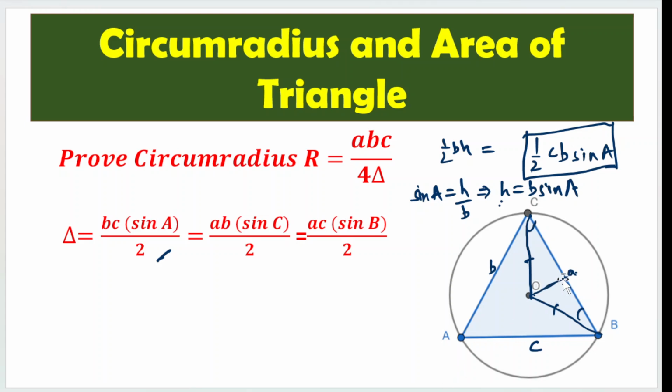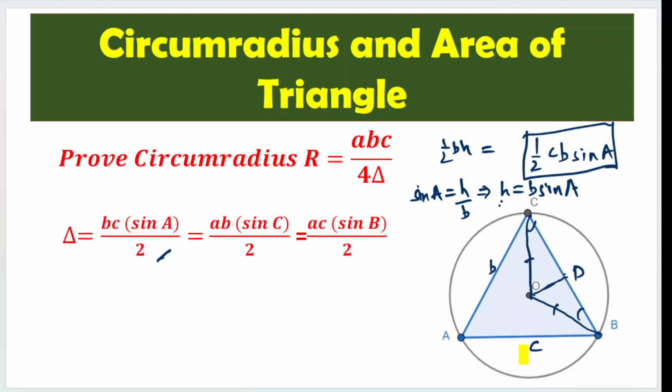When we draw this perpendicular, let's look at these two triangles, COD and BOD, if we call this point D. These two are congruent triangles. Why? Because this side is equal to this side, these two angles are right angles, and this side is common. So, right-angled triangles, the hypotenuse is the same and one of the sides is also the same. So obviously these two triangles are congruent.